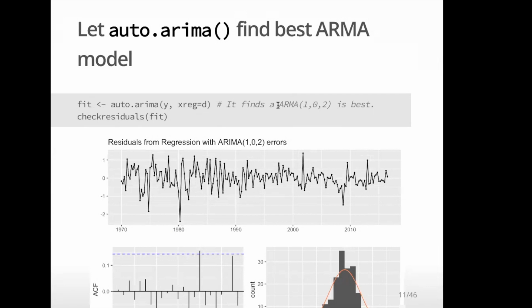It's just the error term that has that structure. And now when you do checkresiduals, you see that they look good. You would expect a few of them to be over the blue lines here, but you're really looking down here, and it's gotten rid of that short correlation that we saw in our residuals.